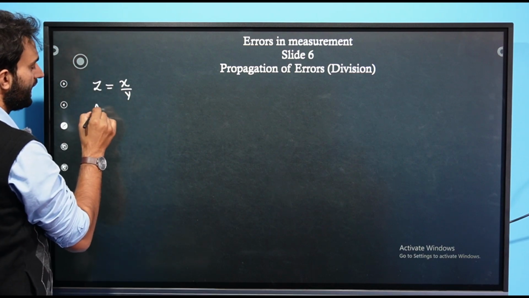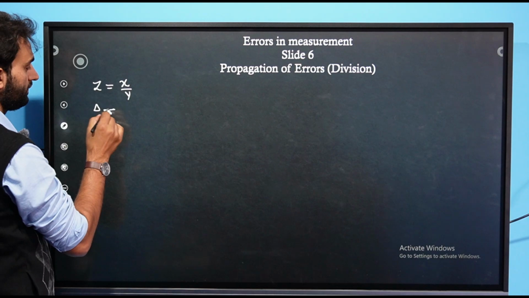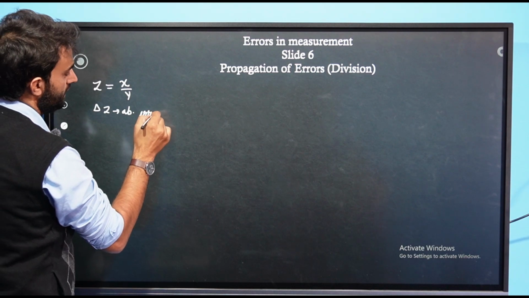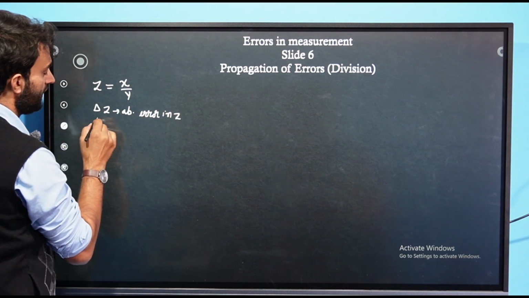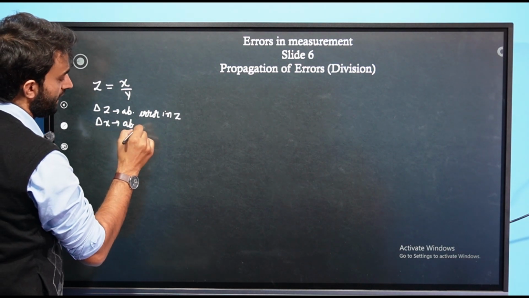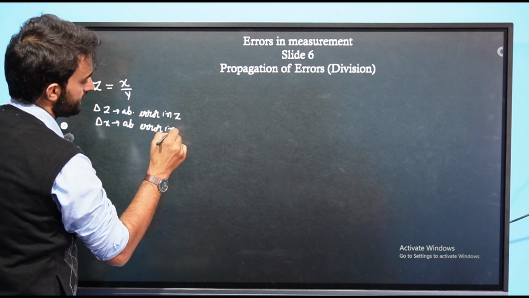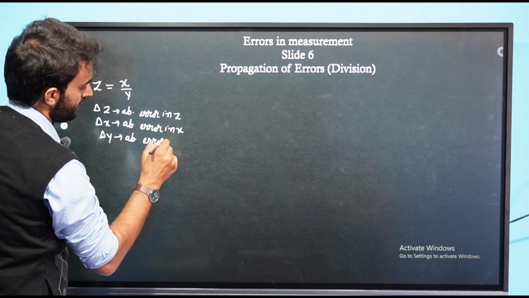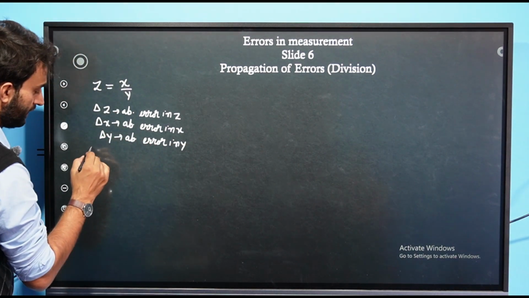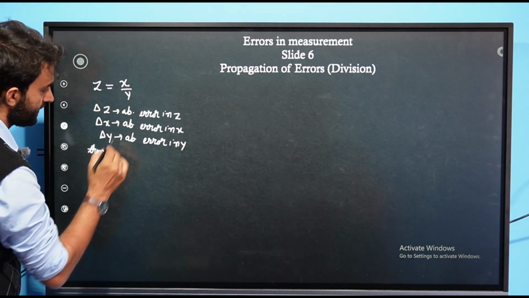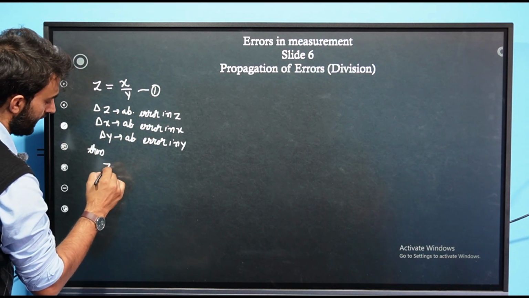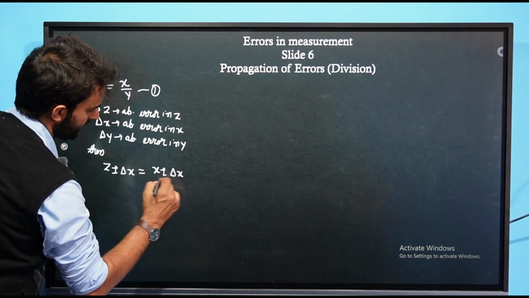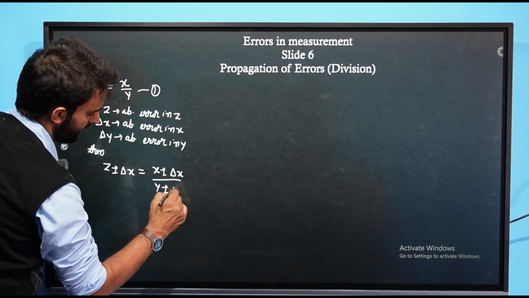If delta z is the absolute error in z, similarly delta x is the absolute error in x, and delta y is the absolute error in y, then we can write this equation as z plus minus delta z is x plus minus delta x divided by y plus minus delta y.